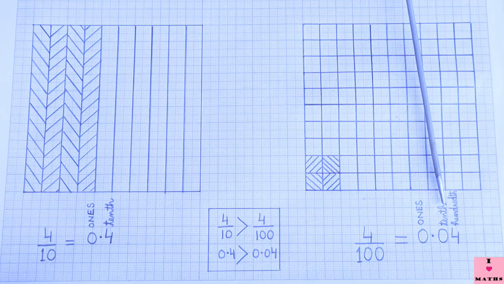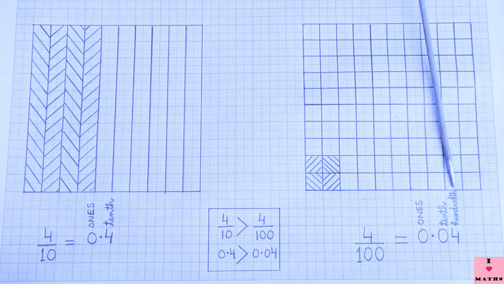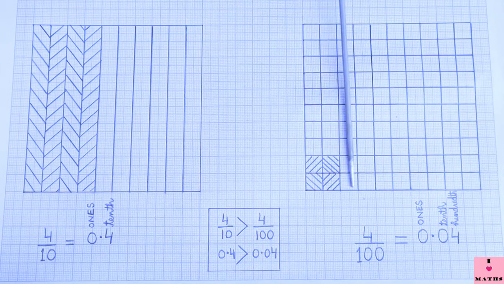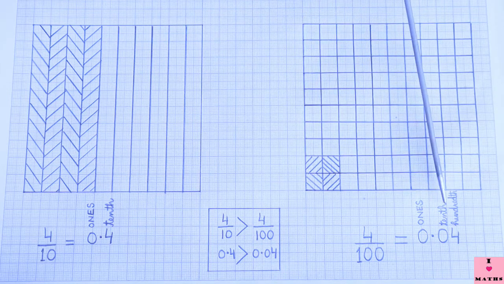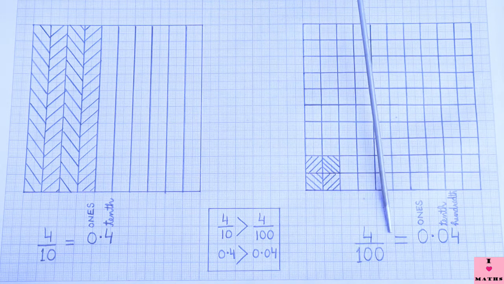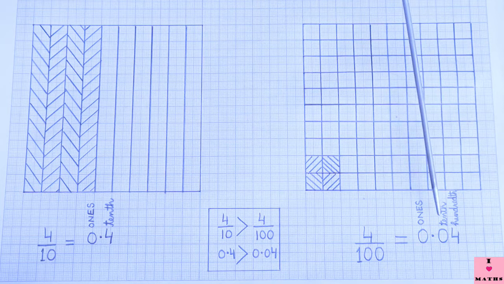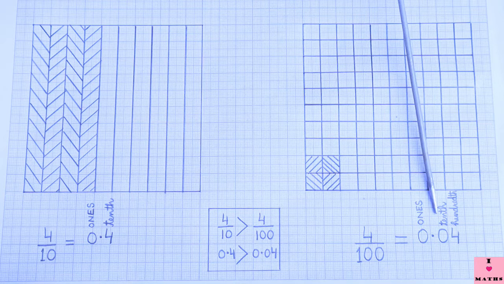This 0 is at the 10th place and 4 is at the 100th place. Since 4 parts have been shaded out of 100 equal parts, 4 should come at the 100th place. That is why we have put a 0 at the 10th place.